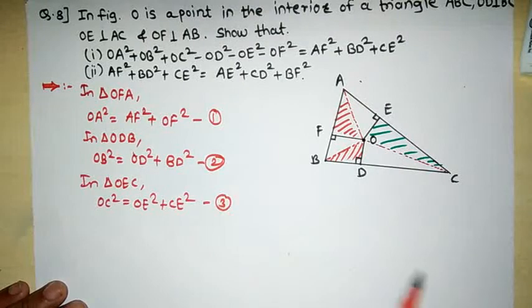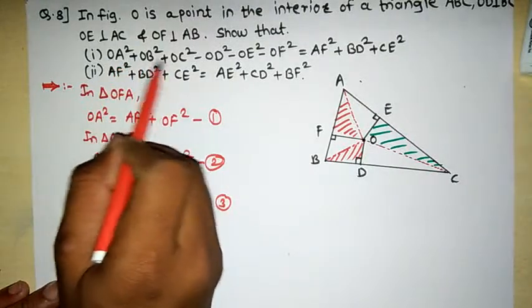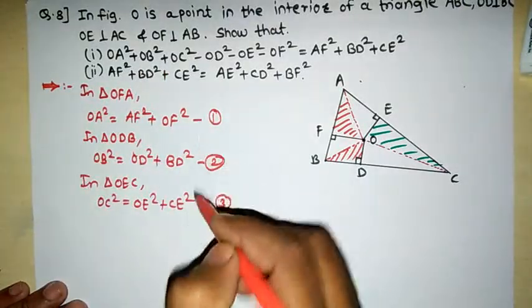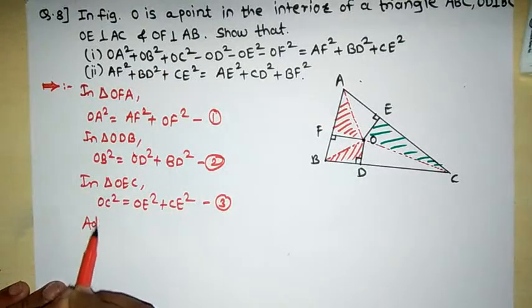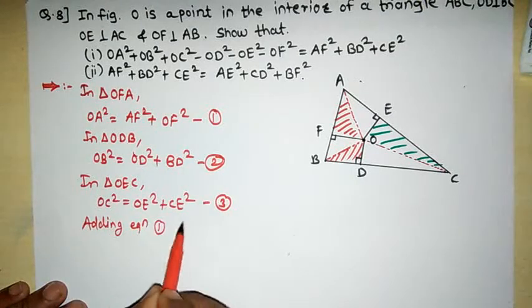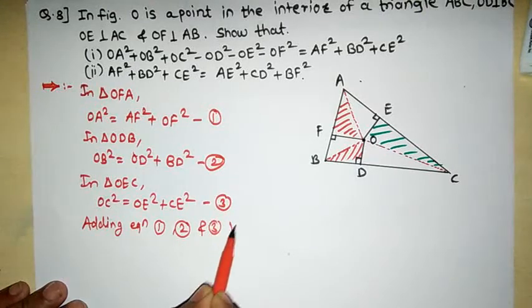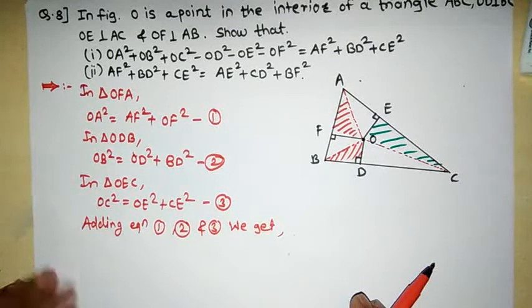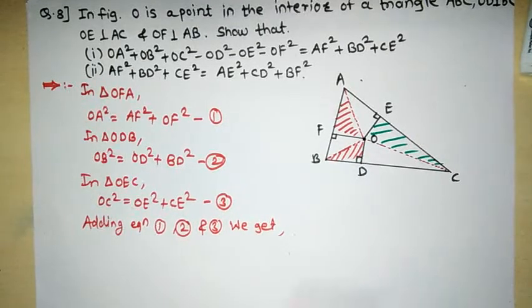Now what we want in the proof? In the proof we want the addition of all these 3. Therefore we will add these equations, adding equation 1, 2 and 3. After adding equations 1, 2, 3, what will we get? We have to add the LHS first.